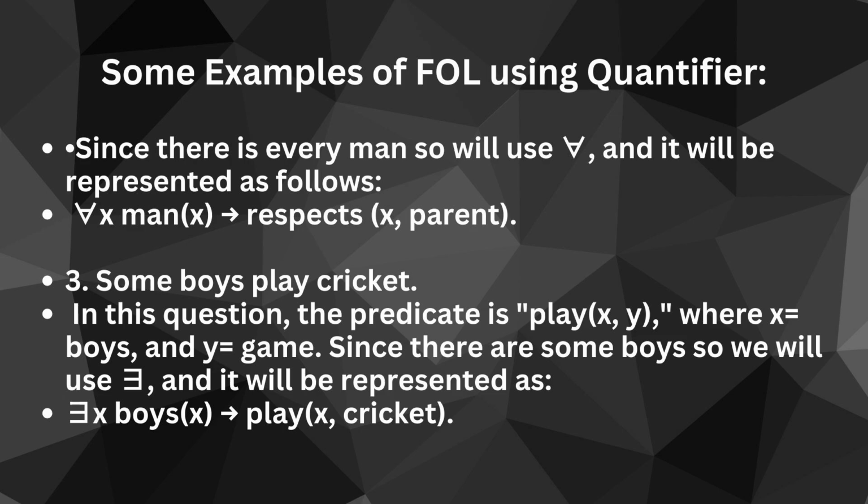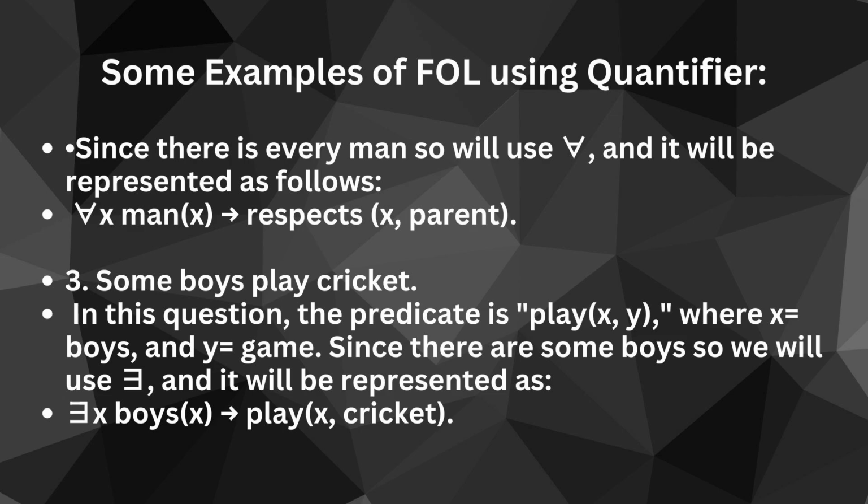The correct representation would be there exists x, boy of x and play x comma cricket. This translates to there exists at least one boy x such that x is a boy and x plays cricket. This correctly captures the idea that there are boys who play cricket.